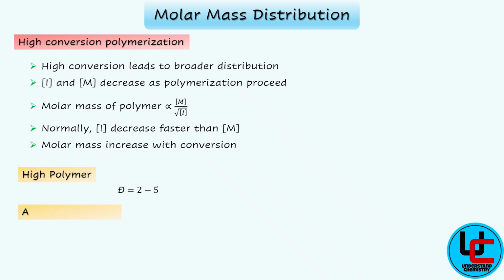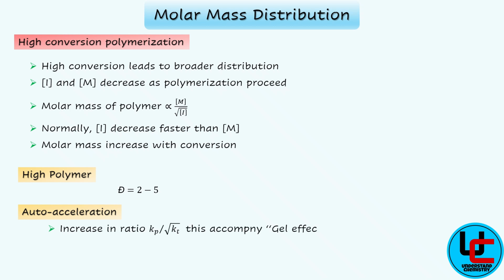Auto acceleration, also called the Trommsdorff-Norrish effect or gel effect, is a phenomenon observed in free radical polymerization, especially in bulk or solventless polymerization, where the rate of polymerization suddenly increases after a certain point in the reaction. This is accompanied by an increase in the ratio of the propagation rate constant to the square root of the termination rate constant.